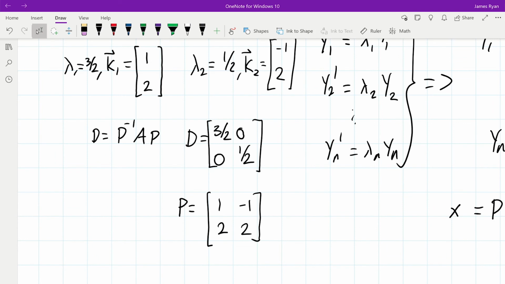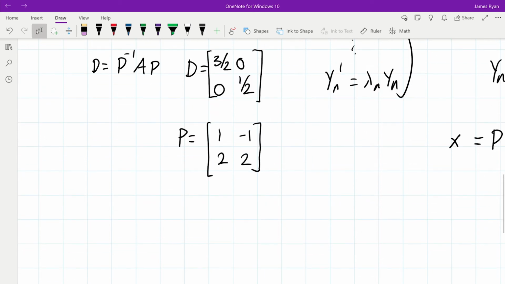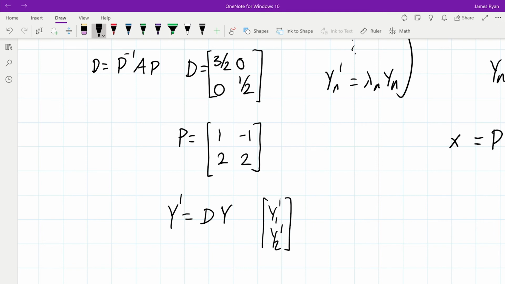Then we have P, so we should be able to find y and x. We know that y prime is Dy, and we can write this as y1 prime, y2 prime equals 3 over 2, 0, 0, 1 over 2 times y1, y2.